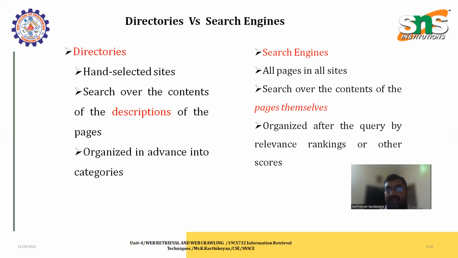What is the difference between a directory and a search engine? A directory has hand-selected sites and searches over the content description of pages. For example, 20 years back there were no websites. Then websites evolved because of business orientation, and if there were any problems, developers would sit together and solve them; it was only a handmade process.